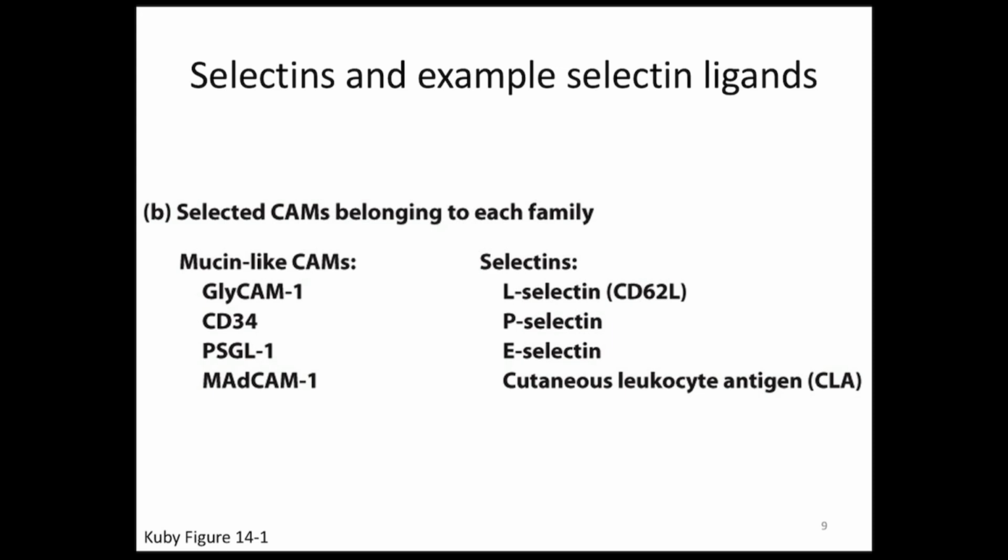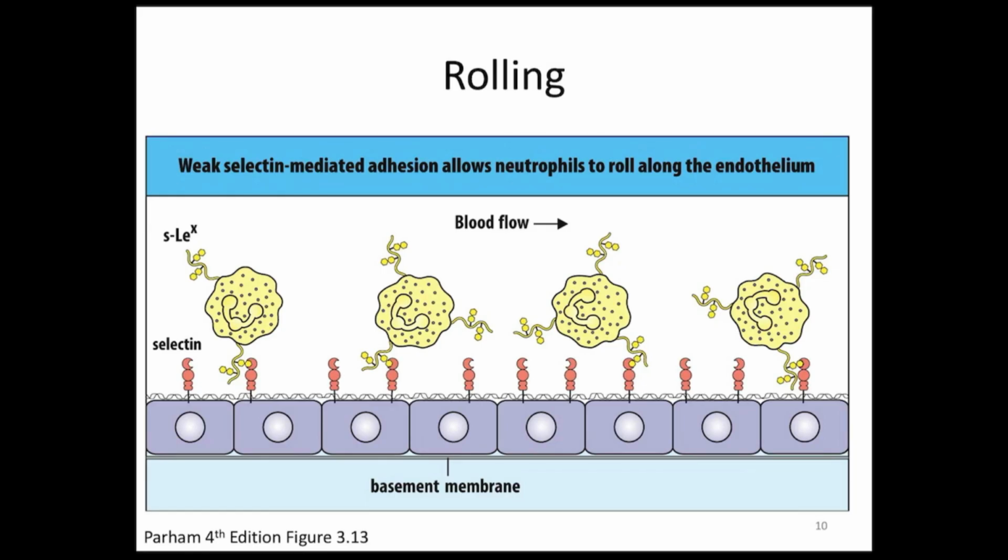And so that's really important that we have this sort of weaker interaction right now so that we don't have that cell come to a complete stop. You can see kind of this image here. So you can see we sort of have a patch where we're going to have the right molecules for interaction.